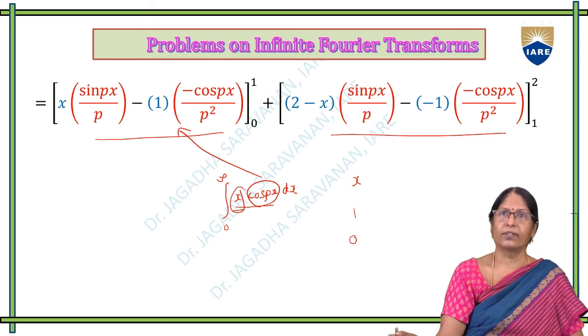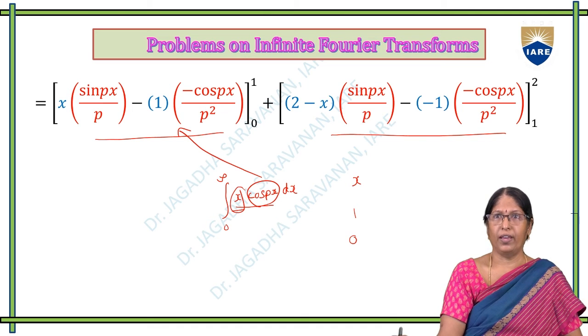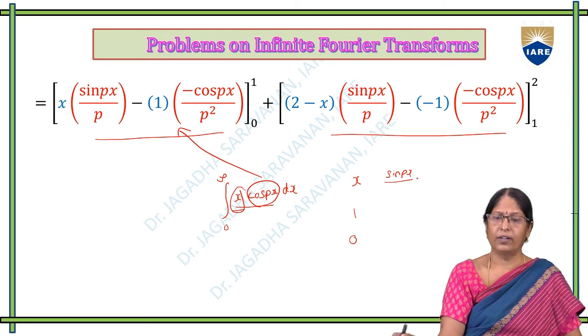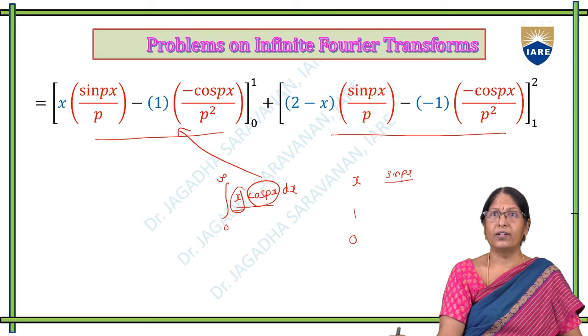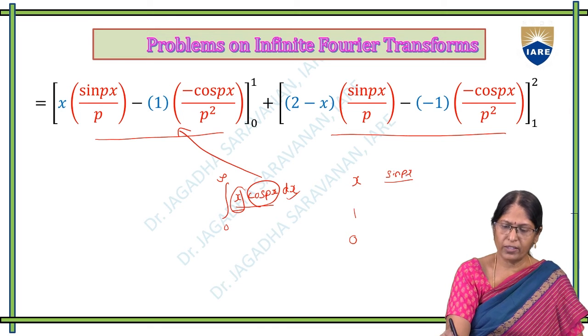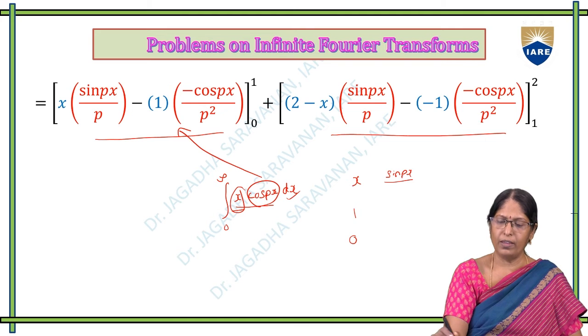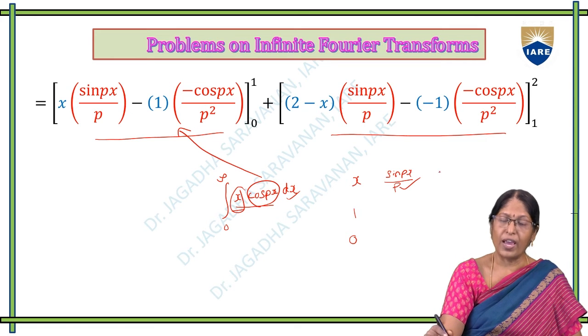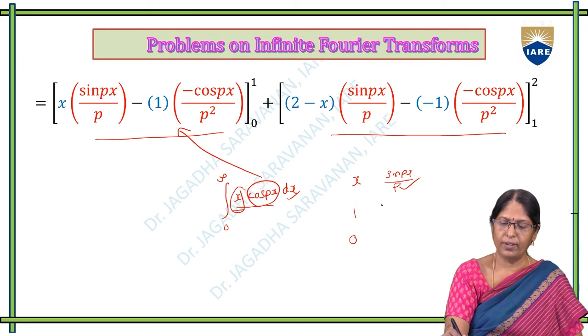Cos px integration is sin px divided by p, since we are integrating with respect to x, the coefficient of x is p, so divided by p. Again, we have to do the integration.